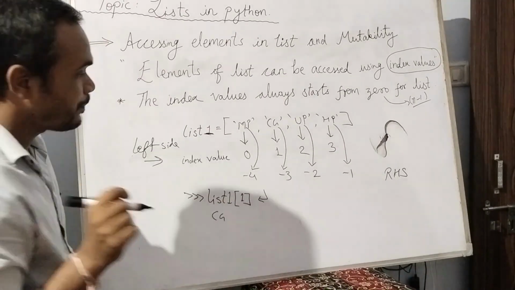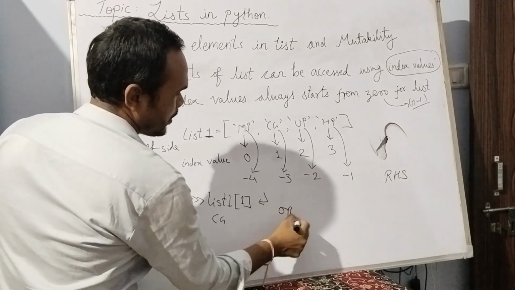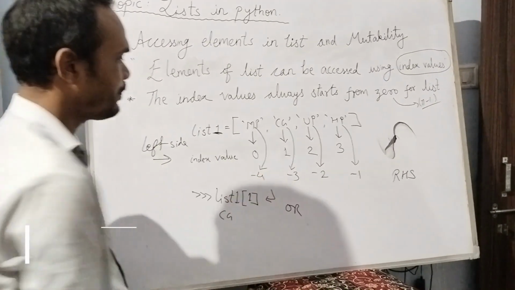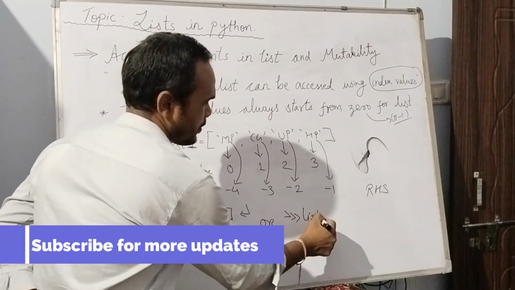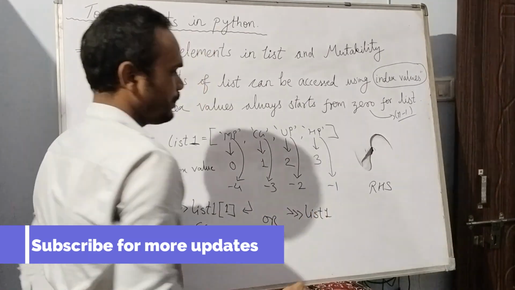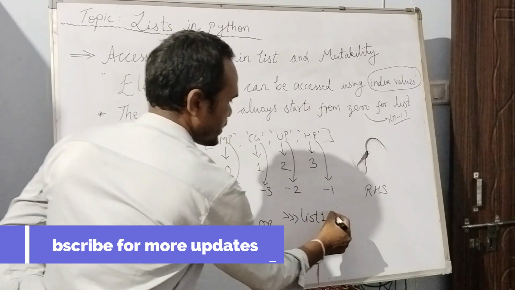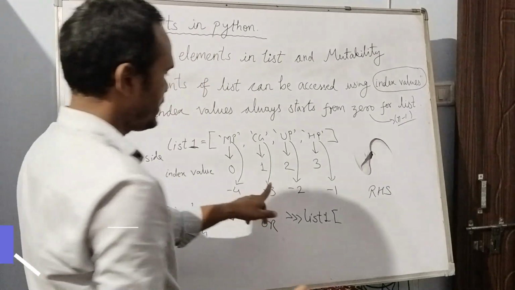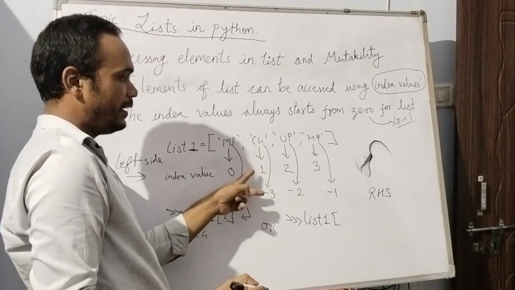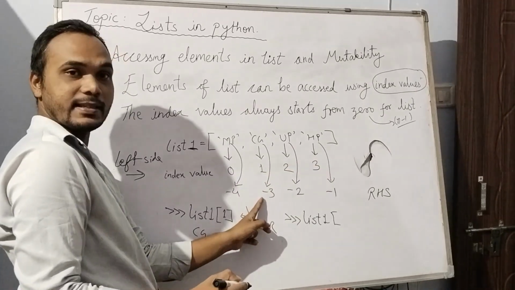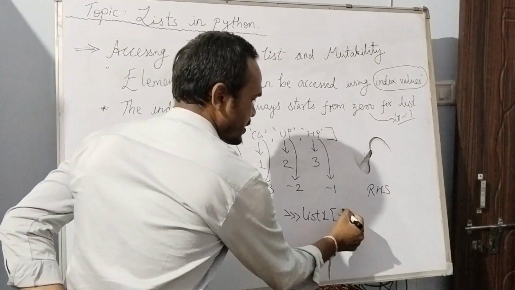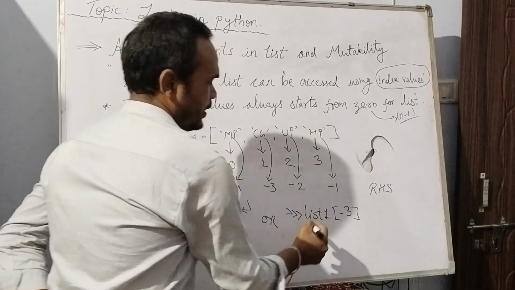But what will happen if you write list 1 and then, since CG has two index values, 1 from the left hand side and -3 from the right hand side, you write -3?